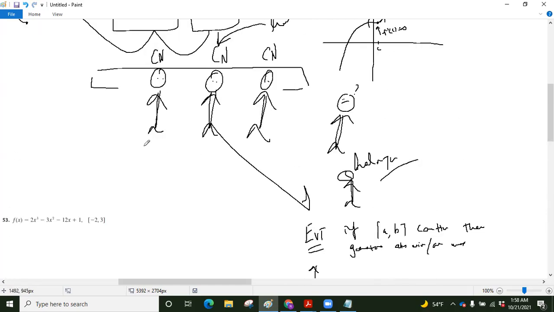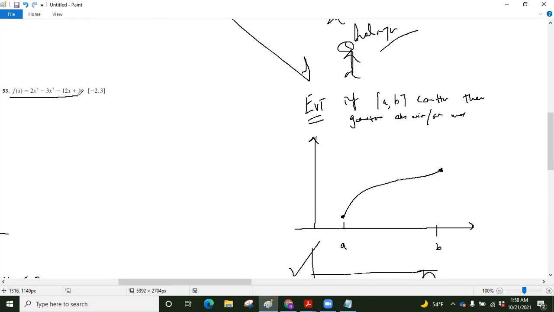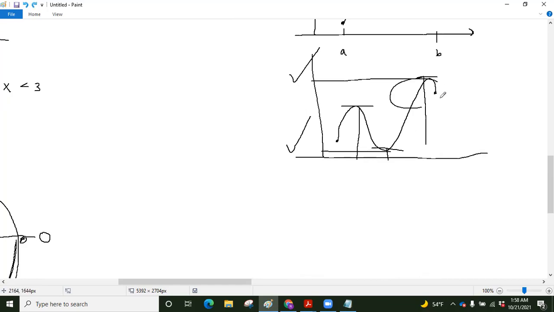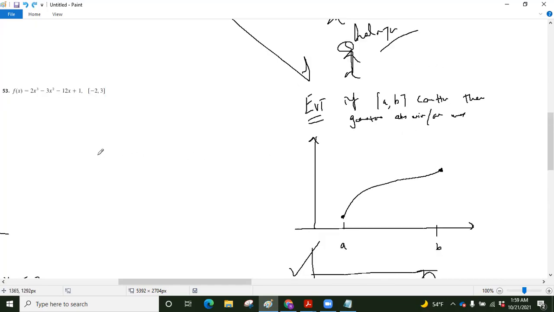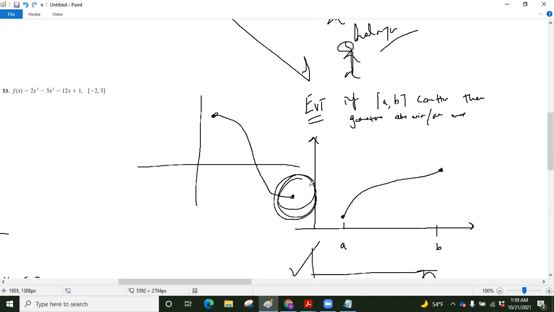So it should be enough to just find the critical numbers, plug them into the function, and say, hey, this is the highest, so this is the absolute max, and this is the lowest, so this is the absolute min. But it's actually not enough, because think about cases where the lowest point on the graph is at an endpoint, and the highest point on the graph is at an endpoint.